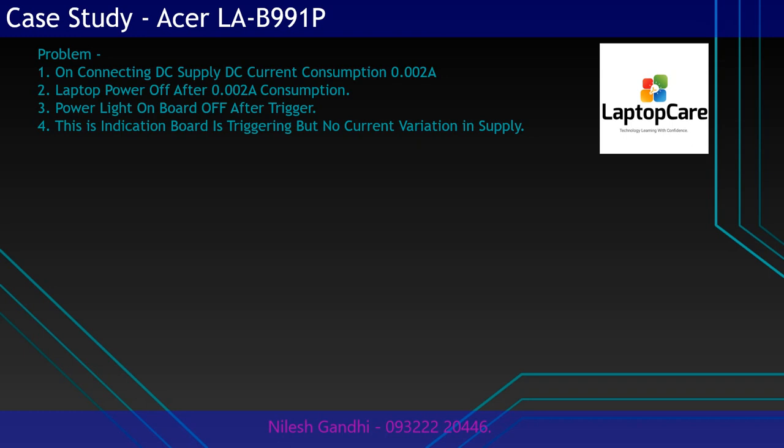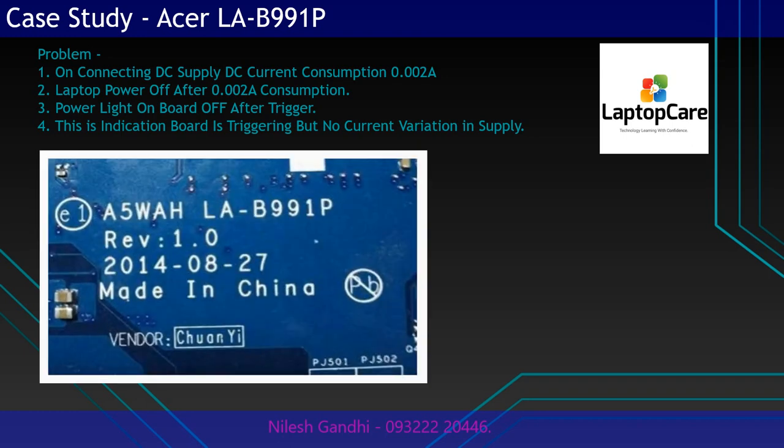On connecting DC supply, the current consumption shows only 2 milliamps, which is very low, and sometimes the laptop goes power off after triggering at 2 milliamps.